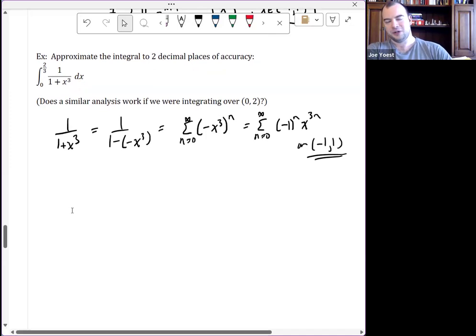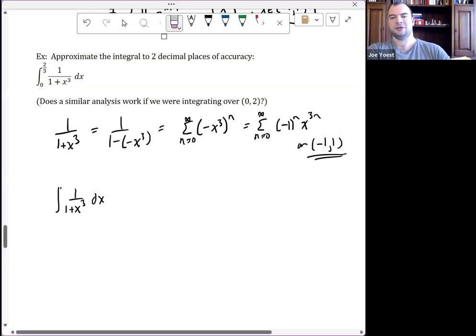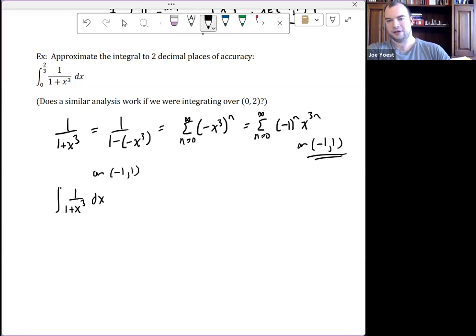Okay, so what about the integral then? So what about this integral? Well, let's start with looking at the indefinite integral on negative 1 to 1.